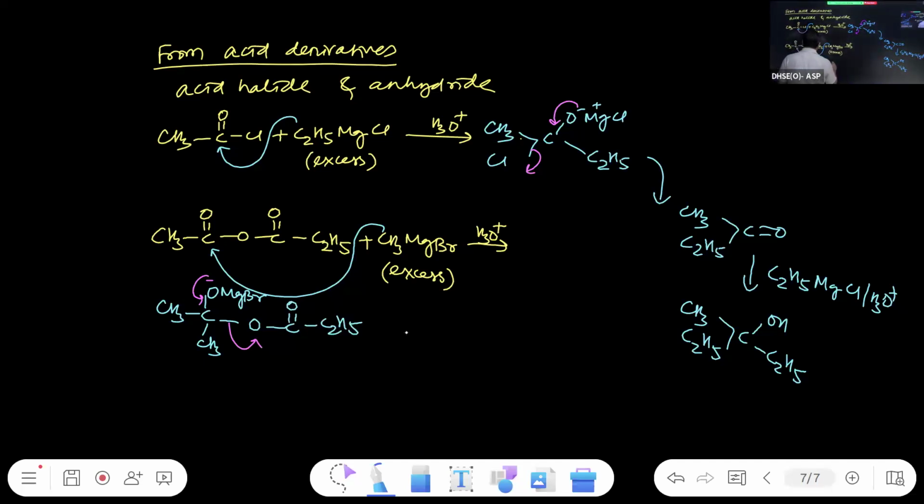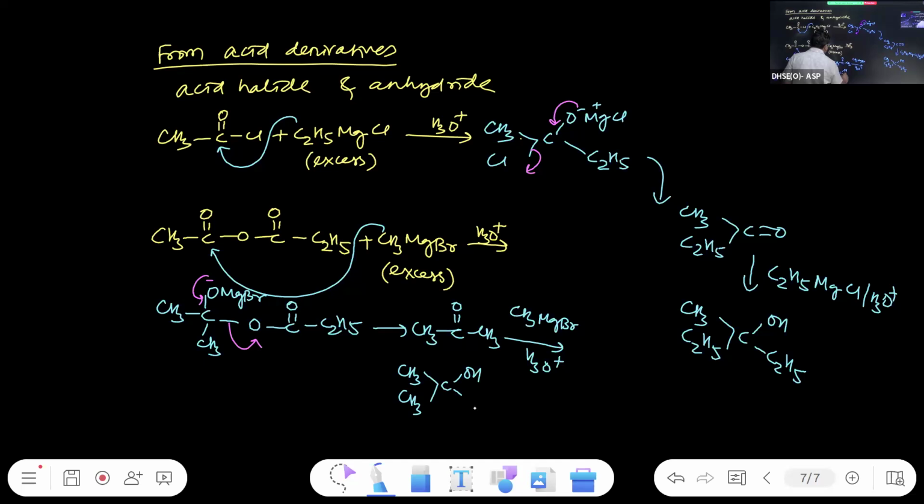Ketone and the side product C2H5CO, then magnesium bromide. After hydrolysis, it will convert to carboxylic acid. So it is again Grignard reagent and H3O plus. Okay, this is tertiary alcohol, note down.